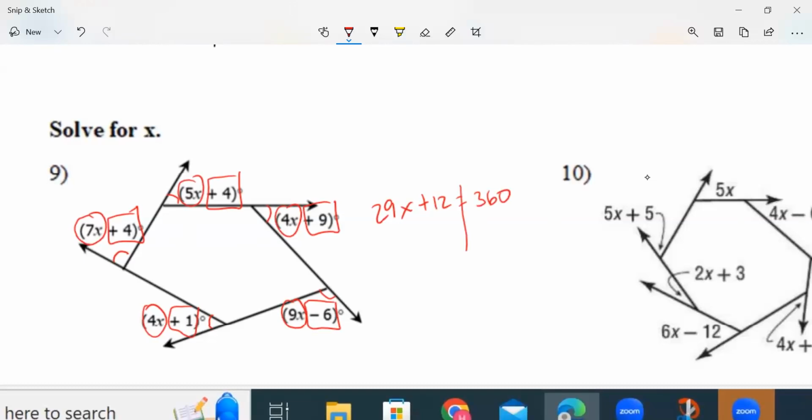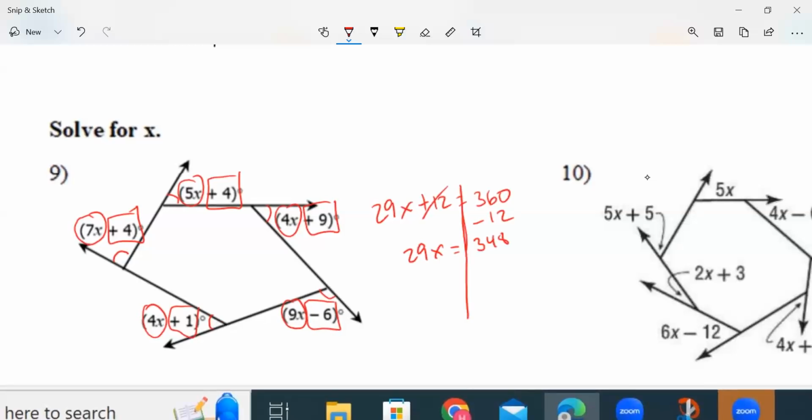The rest is pretty simple. Because I want the 29x by itself, the plus 12, let me move it over as a minus 12. Don't forget to switch the sign. So I have 29x equals 360 minus 12, which is 348.